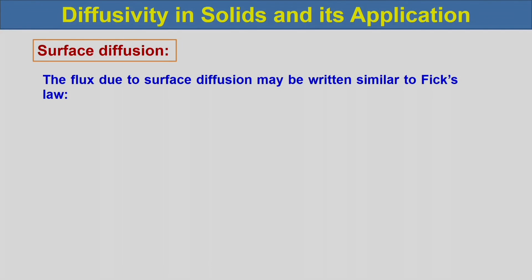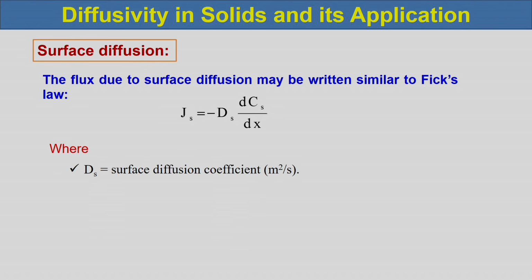The flux due to surface diffusion may be written similar to Fick's law, which is J_s would be equal to -D_s dC_s/dx. Here D_s is the surface diffusion coefficient and its unit is meter square per second.